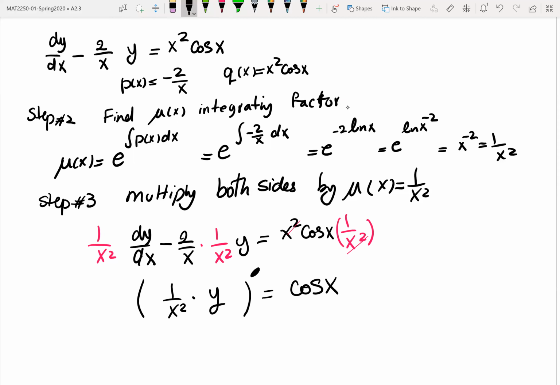If I make this term green, the claim is that it is the derivative of this thing.